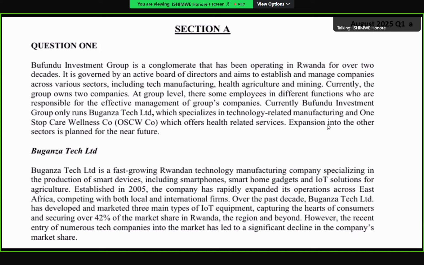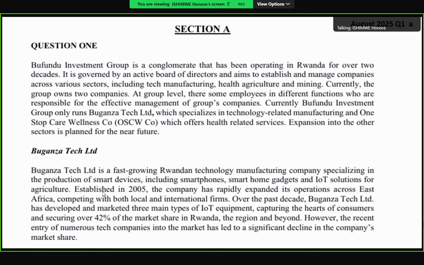Expansion into other sectors is planned for the near future.